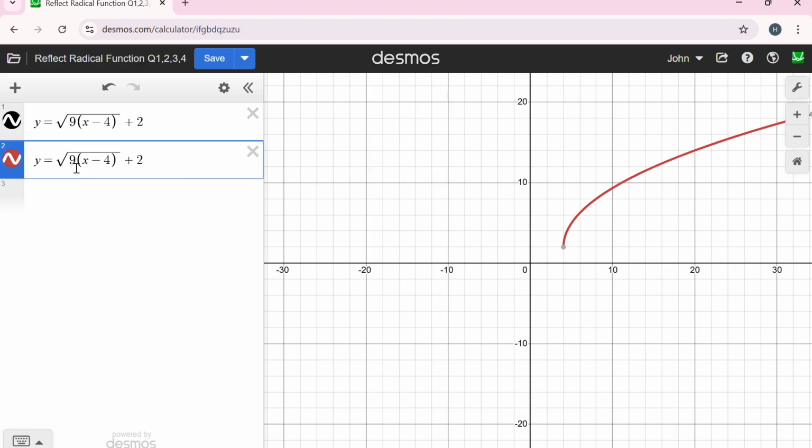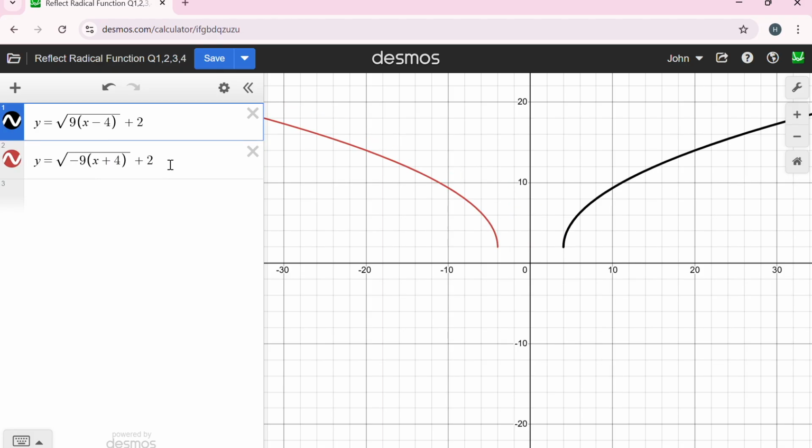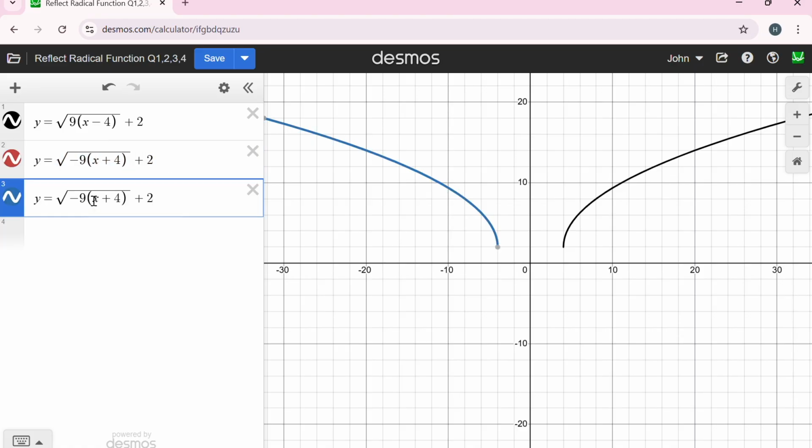So into quadrant 2, I know I need to reflect it across the y-axis, so I know I need a negative b value. There's a negative b value, but I know I need to adjust this by saying -4, -4. Okay, same deal. So that is the same thing as +4. I need to reflect this into quadrant 3.